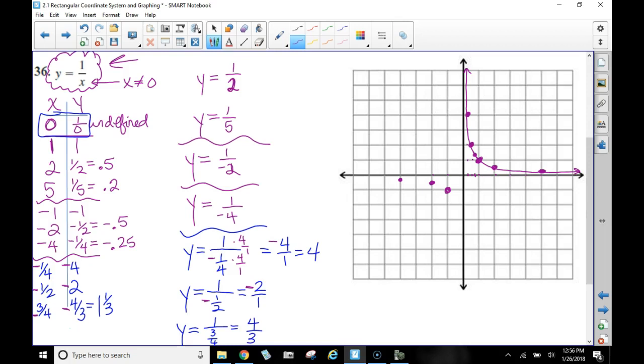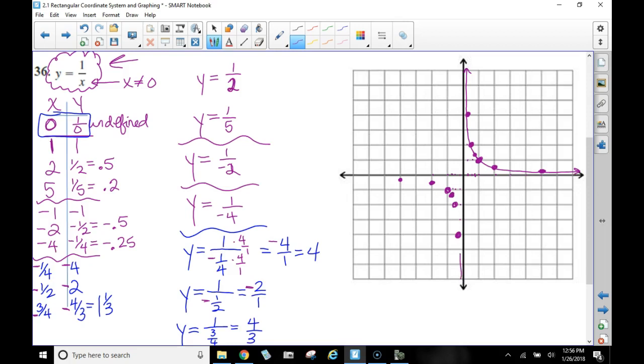Let's plot those points. Negative 1/4, negative 4, right there. Negative 1/2, negative 2 would live right there. Negative 3/4, negative 1 1/3, negative 4/3 would be about right there.